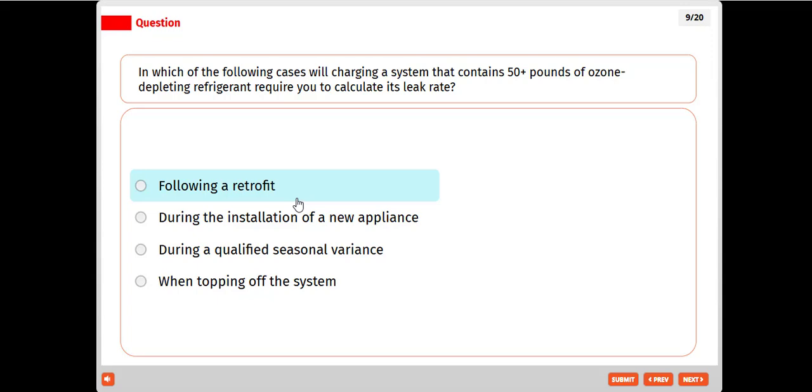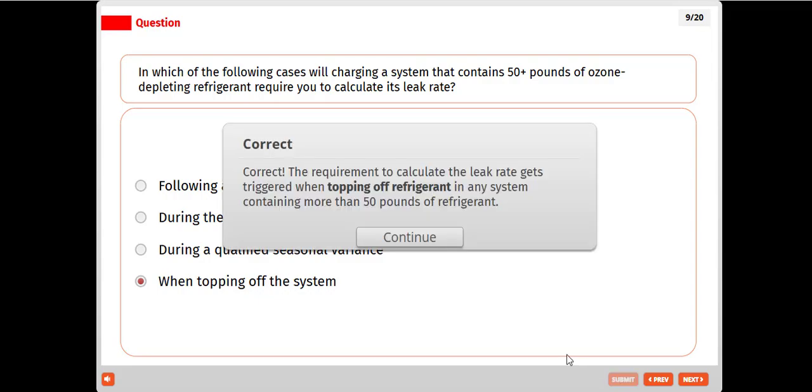Following a retrofit, during an installation of new appliances, during qualified seasonal variance, when topping off the system. Okay, required to calculate the leak rate when topping off the system.